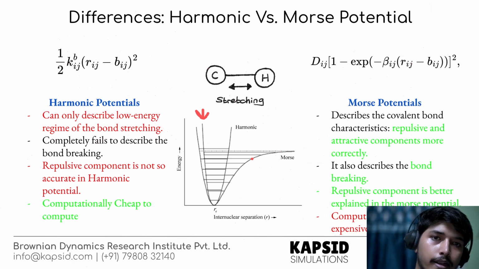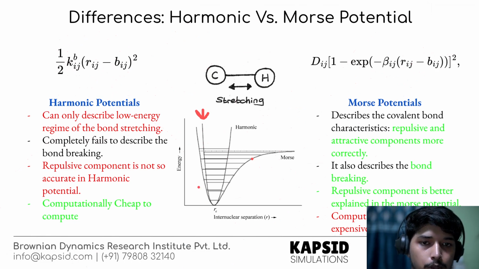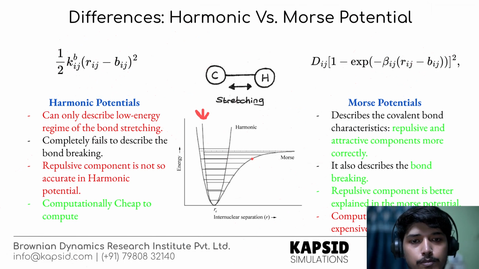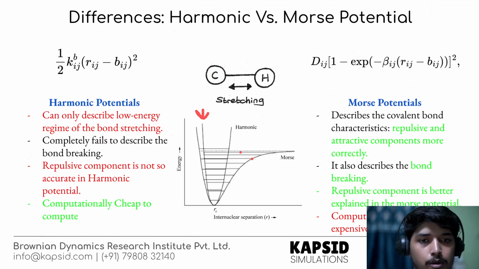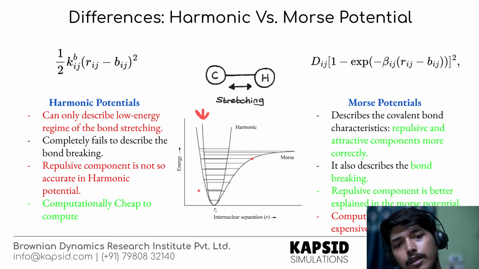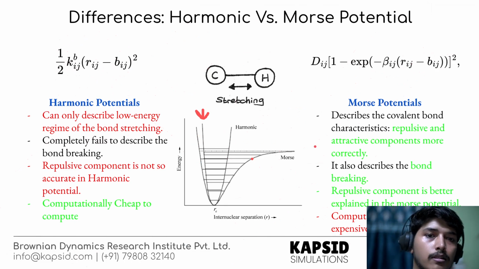So that is another advantage of using Morse potential, that the repulsive term is better in the Morse potential. And that's exactly the bad part about harmonic potential: although it gives a computationally cheaper equation, it cannot describe the repulsive term as well as the Morse potential.